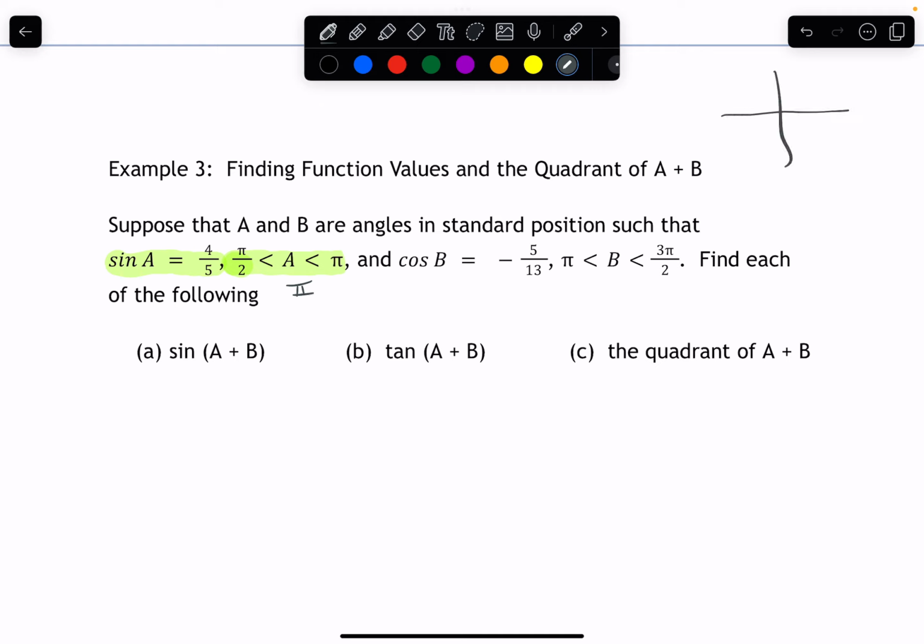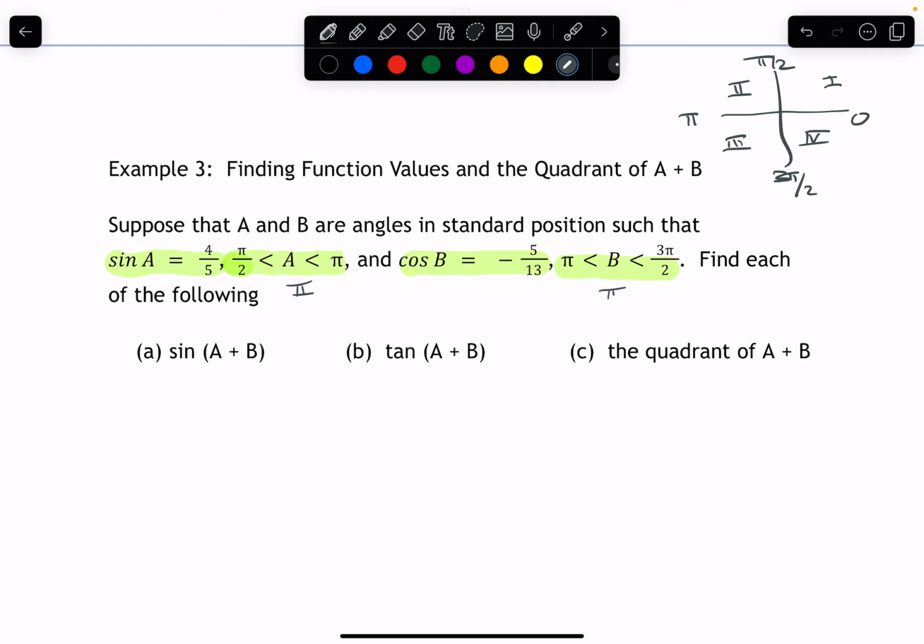Again, your unit circle: here's 0, here's 90 degrees or pi over 2, here's 180 degrees or pi, 3 pi over 2, quadrant 1, quadrant 2, quadrant 3, quadrant 4. Also know that the cosine of b is negative 5/13. B is between pi and 3 pi over 2.